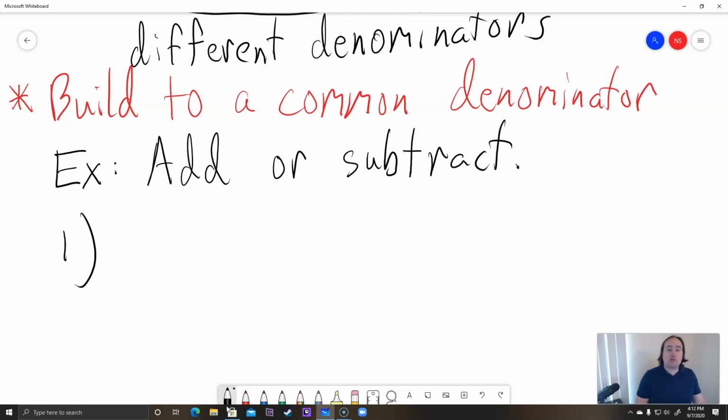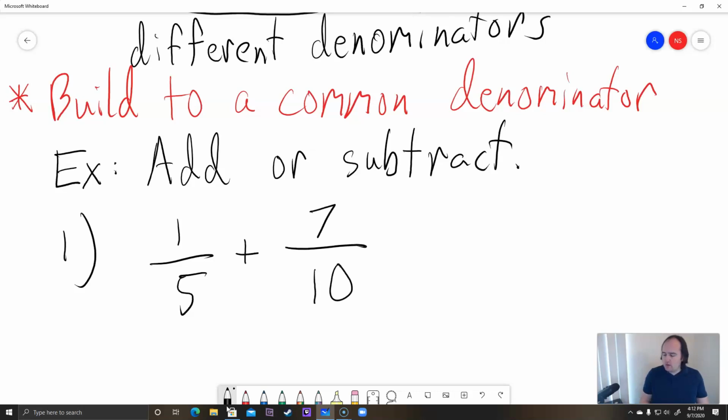And for example number 1, we're going to be doing 1/5 plus 7/10. So the trick here is you need to build to a common denominator. And when I say build, I mean you have to multiply each fraction on the top and the bottom by whatever it's missing.